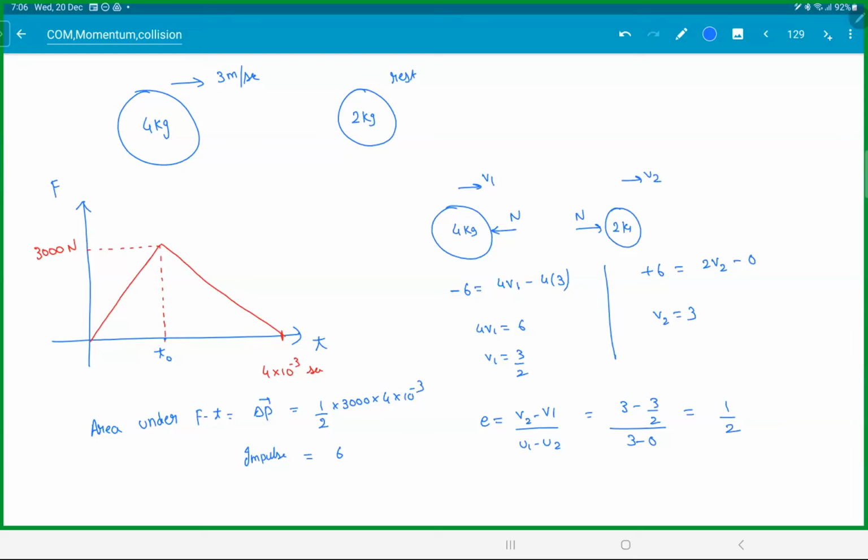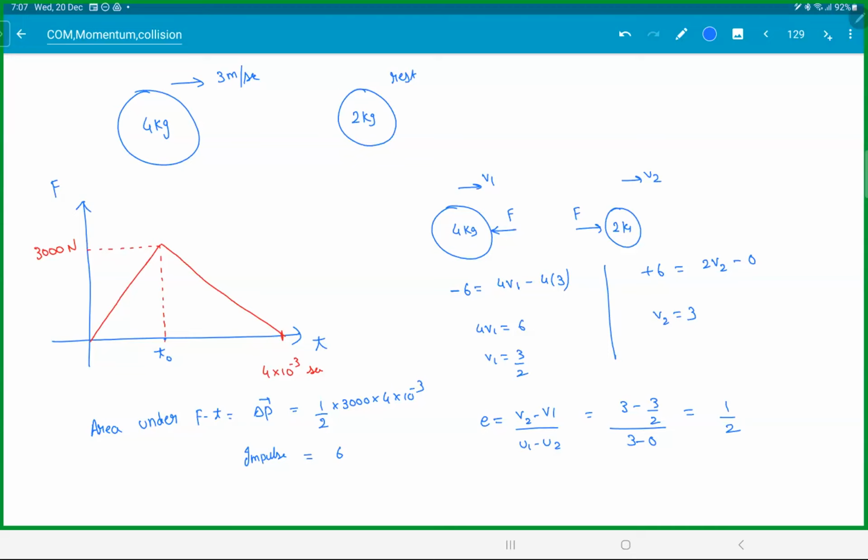Right, Aryan? That is how you find the velocities. Whatever force acts on the 2 kg, the same force will act on the 4 kg, but in the opposite direction. So the 4 kg will lose that momentum, the 2 kg will gain that momentum. That's why minus for the 4 kg and plus 6 for the 2 kg. Once you got the velocity, the first part is done.